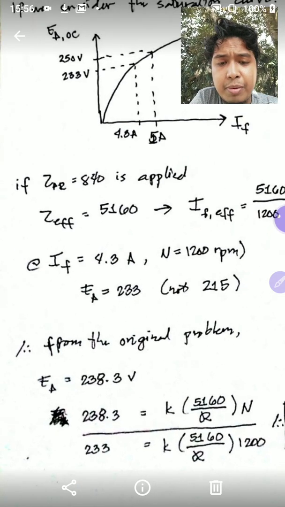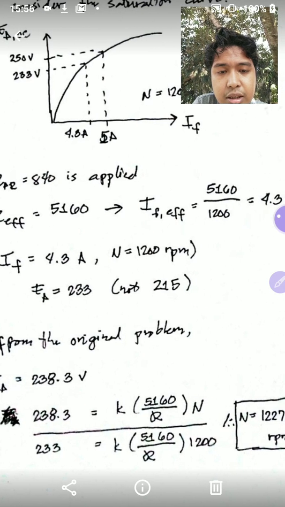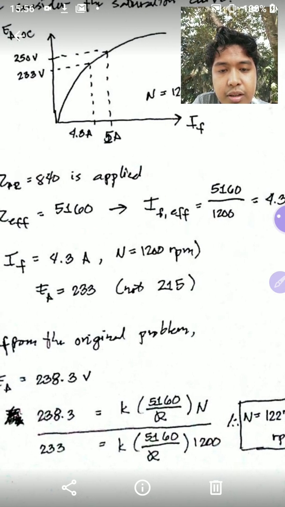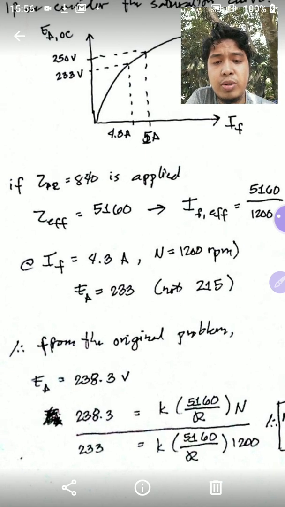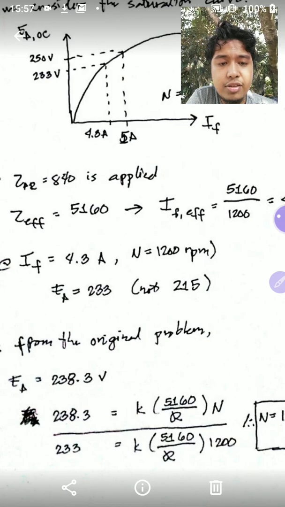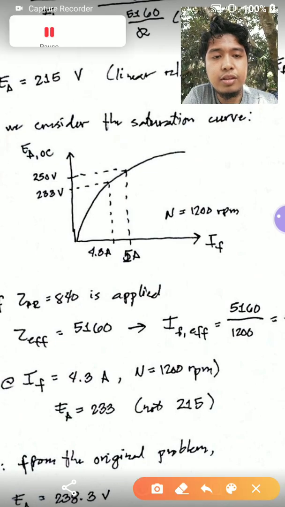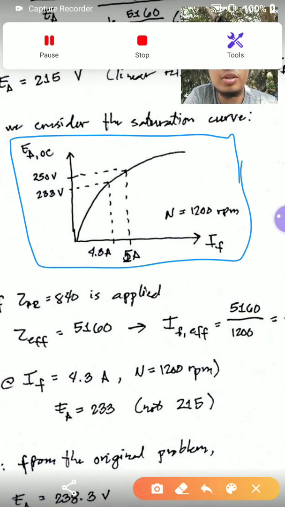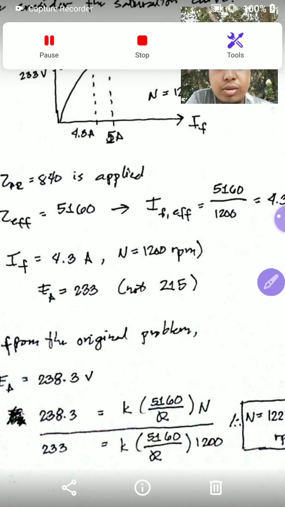From the original problem, the armature voltage is 238.3. So if you want 238.3 from 233, that is derived from the flux of 5160 over reluctance times 1200 RPM, because this saturation curve is for N equal to 1200 RPM.